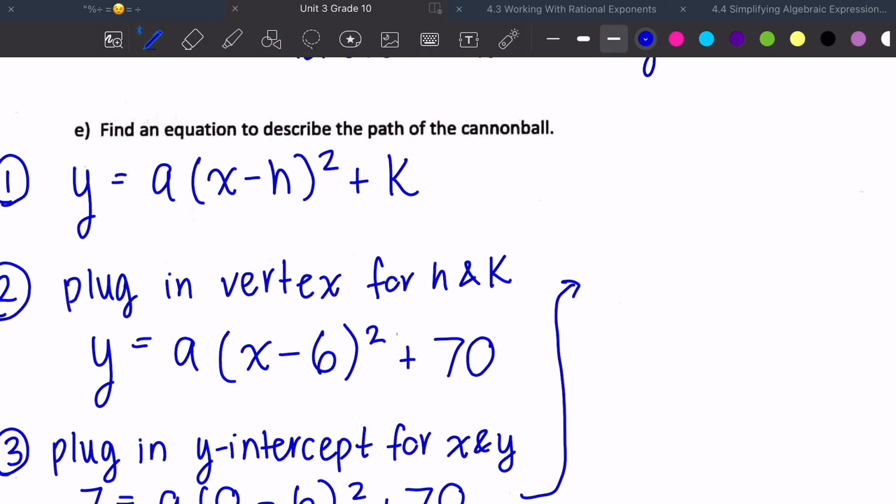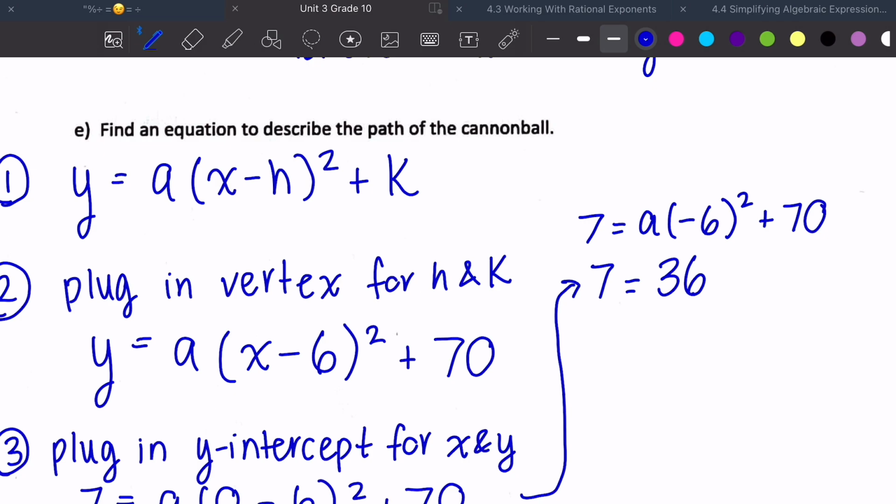And then I'm just going to solve. So this is going to be 7 equals 0 minus 6, which is just minus 6, squared times a plus 70. What's negative 6 squared? Do you remember that? Negative 6 times negative 6? 36. So this is 36a plus 70. And I want a by itself, so what's my next move?